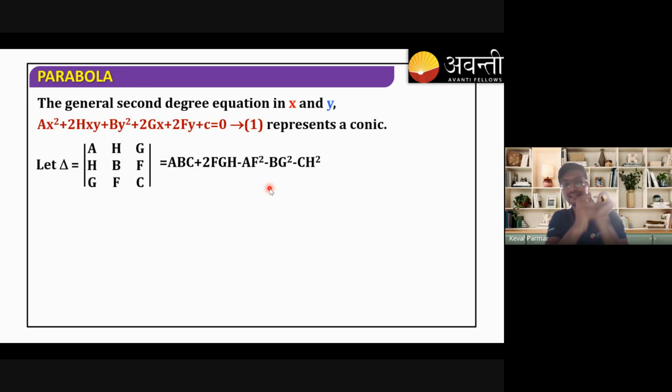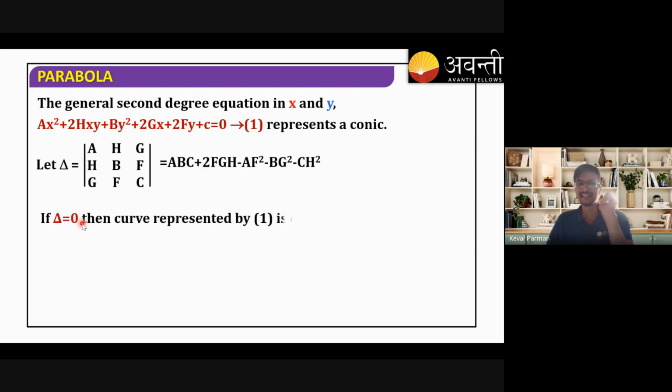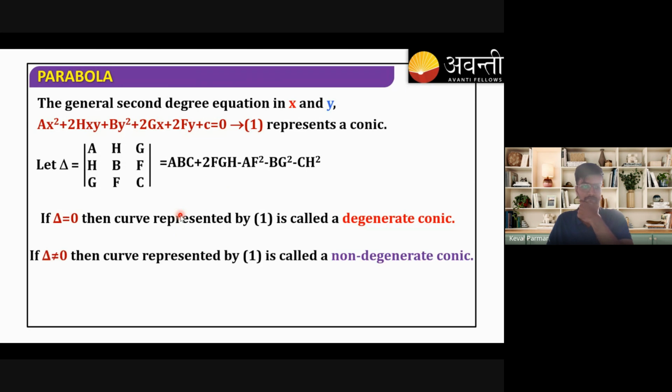Now let's see the conditions on delta. So yeah, if delta equals 0, then the curve is a degenerate conic. What is meant by a degenerate conic? And if delta is not equal to 0, it is a non-degenerate conic. This is not of use for us. We'll understand this when we do the chapter pair of straight lines.